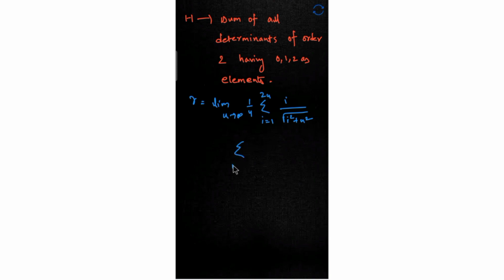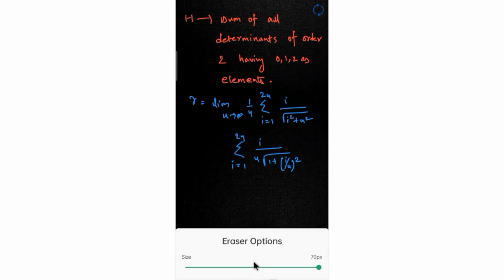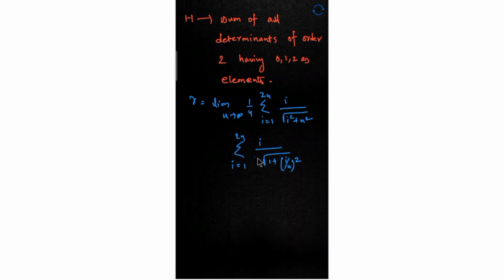I get sigma i equals 1 to 2u, of i by u into root over 1 plus i by u whole square, inside the bracket. This u I can write in the numerator, like i by u divided by root over 1 plus i by u whole square, into 1 by u here.